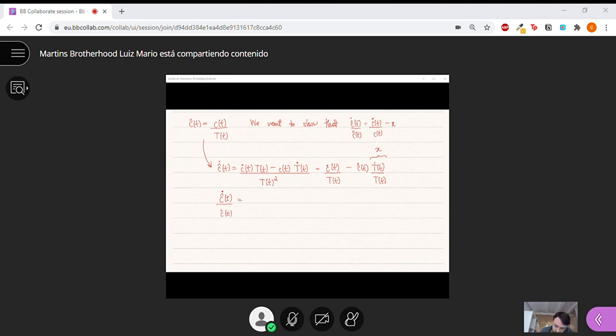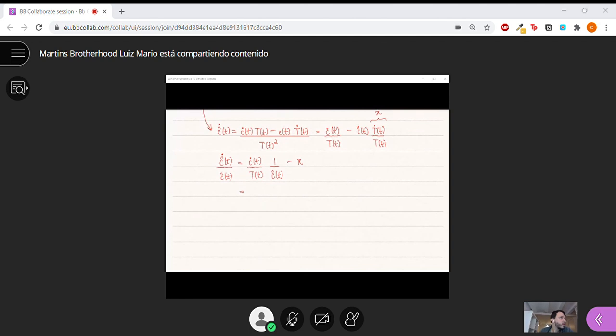So I'm going to divide this right hand side by C hat too. Minus, I just have x here.